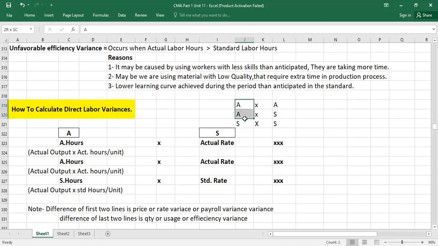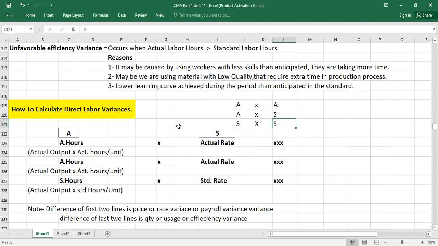The first column represents the hours and the second column represents the rate. For example, A times A means actual hours multiplied by actual rate. The second line is actual hours multiplied by standard rate, and the third line is standard hours multiplied by standard rate.